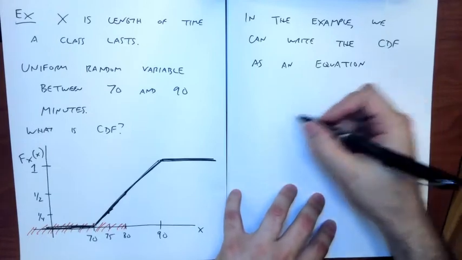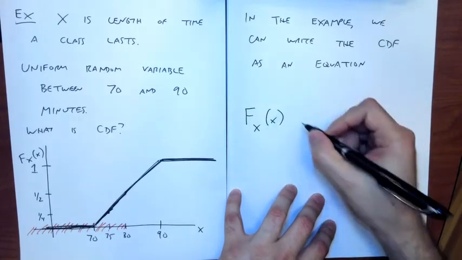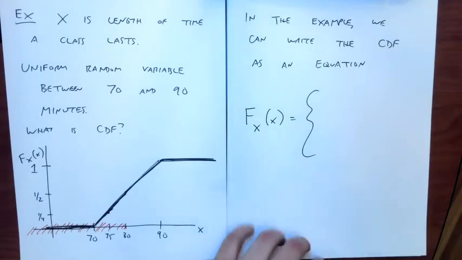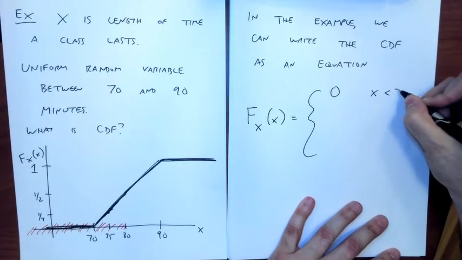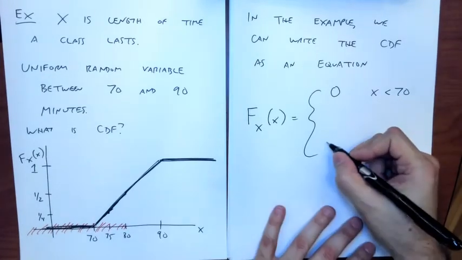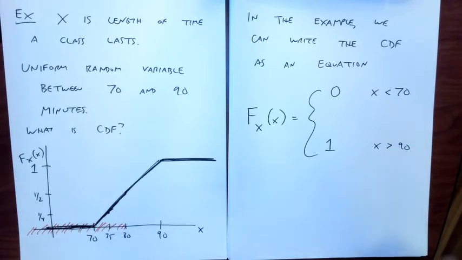And usually, the CDF is broken up into pieces, right? So in this case, I've got a piece that is 0 when I am less than 70, and I've got a piece that is 1 when I am greater than 90. And in the middle, what I have is this linear function.